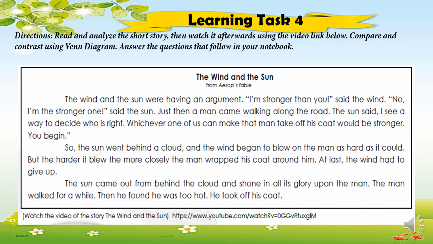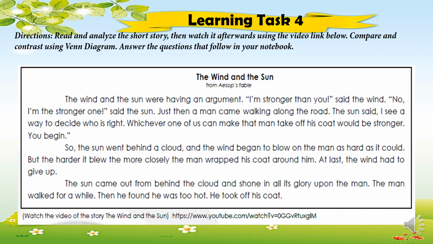But the harder it blew, the more closely the man wrapped his coat around him. At last, the wind had to give up. The sun came out from behind the cloud and shone in all its glory upon the man. The man walked for a while, then he found he was too hot. He took off his coat.